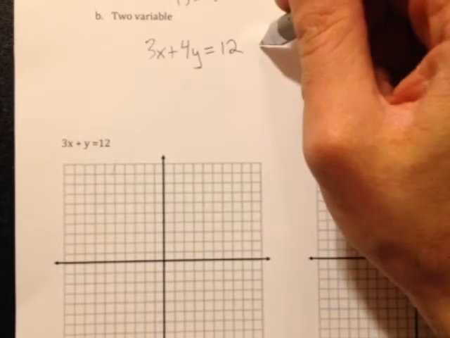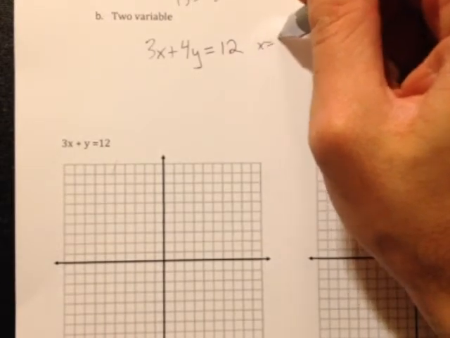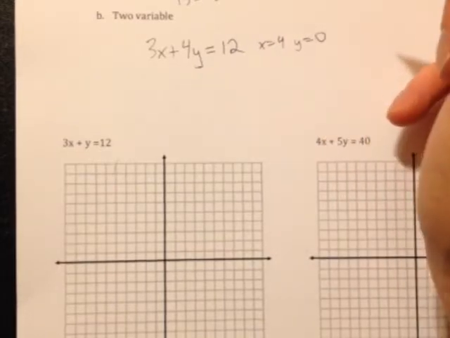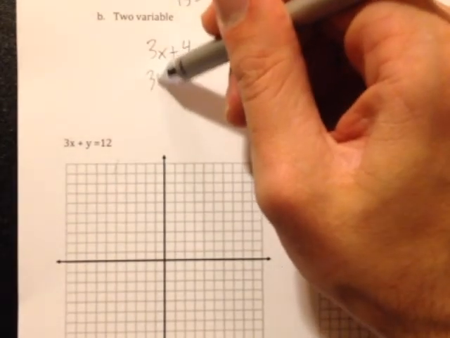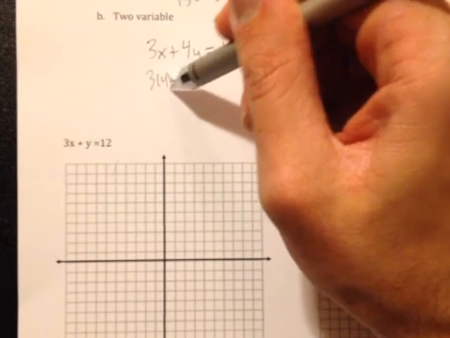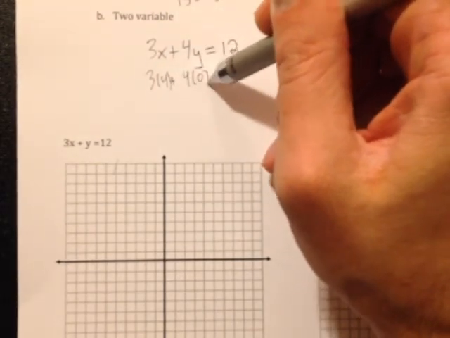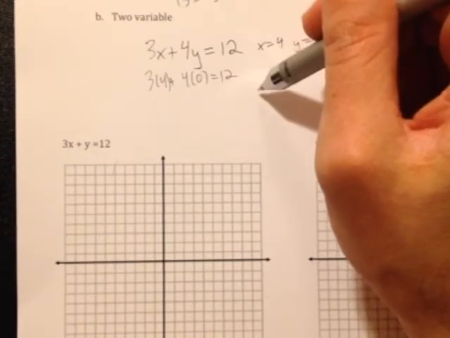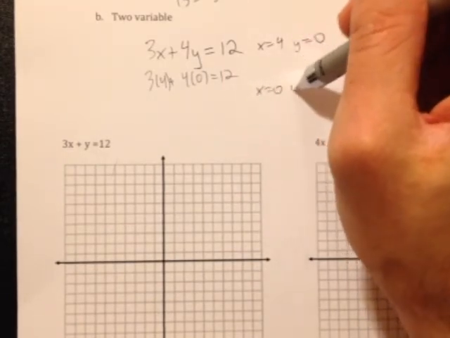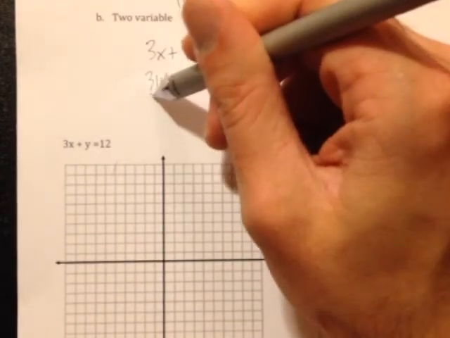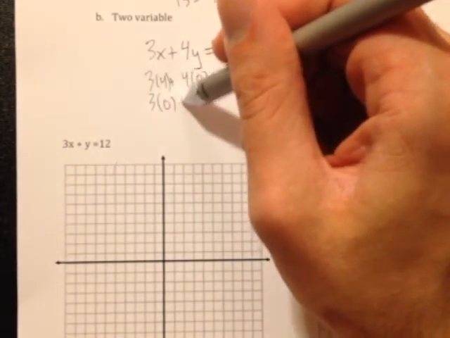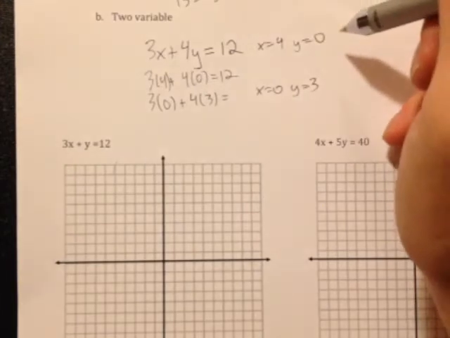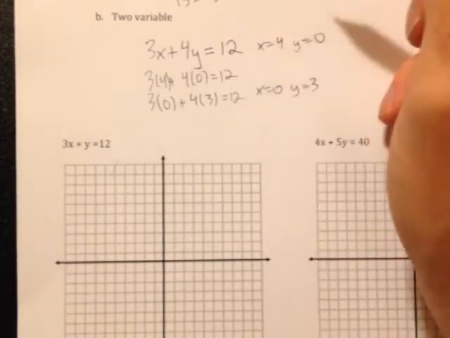For example, we could get x equals 4 and y equals 0 as a possible solution, because 3 times 4 plus 4 times 0 is equal to 12. We could also find that x equals 0, y equals 3 is a solution for the exact same reason. There are, as it turns out, an infinite number of solutions.